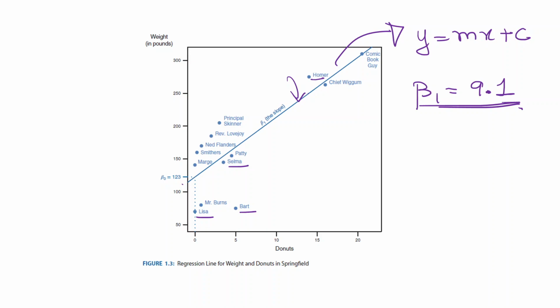If you could just plug in a person's consumption of donuts and get his or her weight, then all these points would have fallen on this straight line. But there are factors other than donut consumption that also influence weight, so the points will not necessarily lie on this regression line. The regression line basically explains weight only due to consumption of donuts.